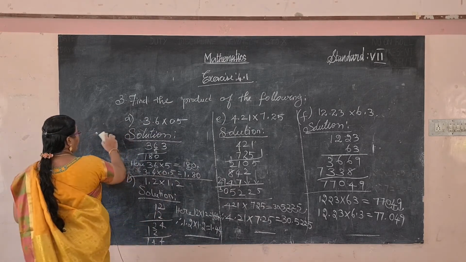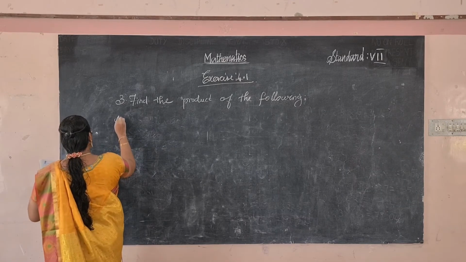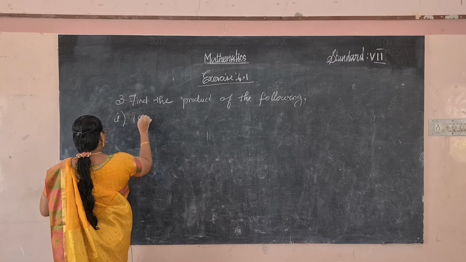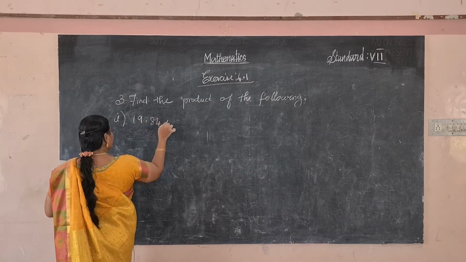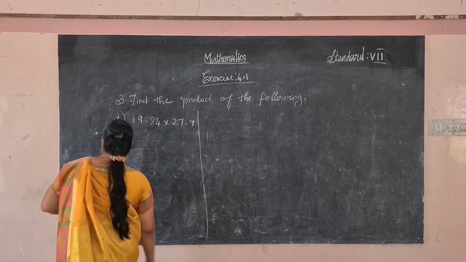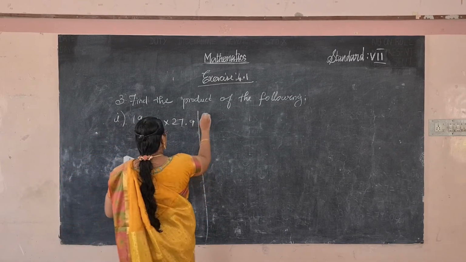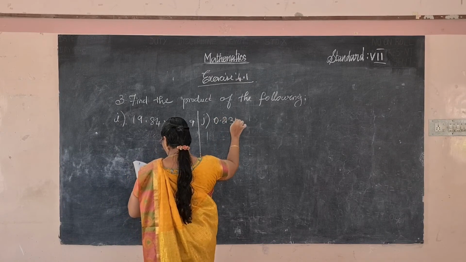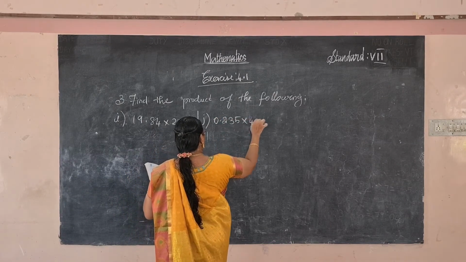And the next problem. I: 19.84 into 27.9. J: 0.235 into 4.8.